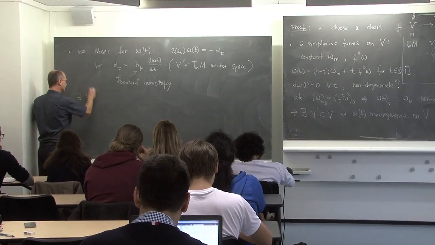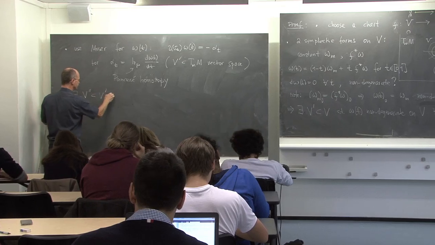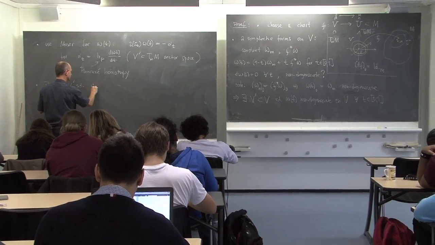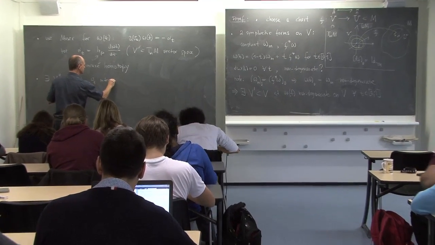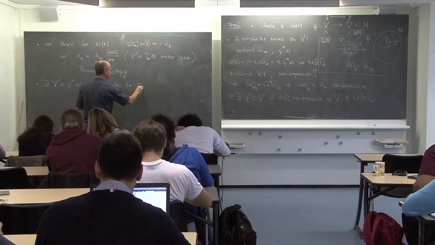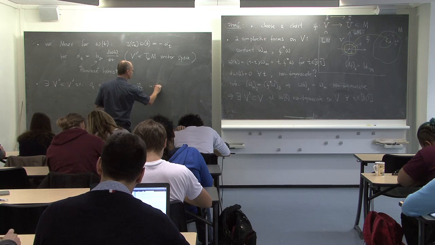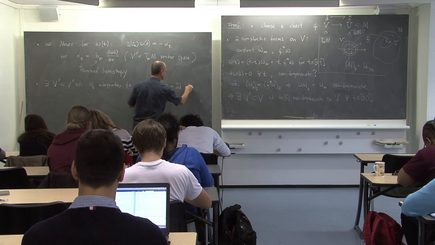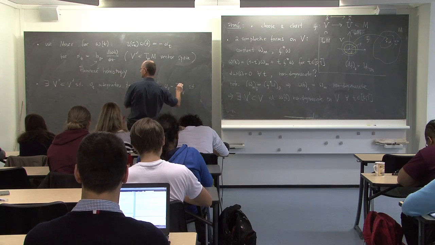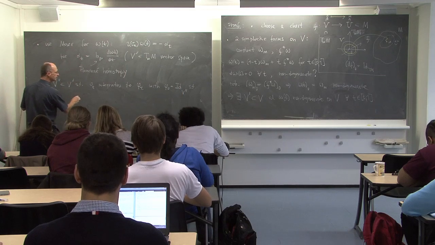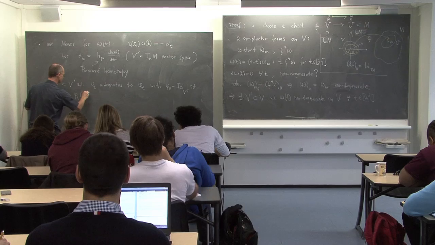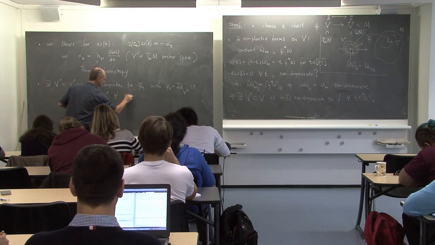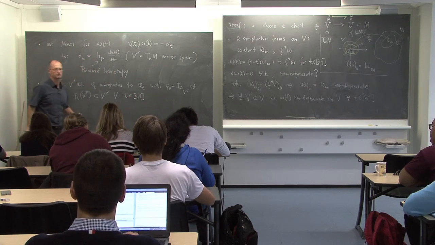There is some V double prime inside V prime, such that V_t integrates to a family phi_t with phi_0 equal to identity on V double prime, and such that phi_t of V double prime is always in V prime for all t from 0 to 1.